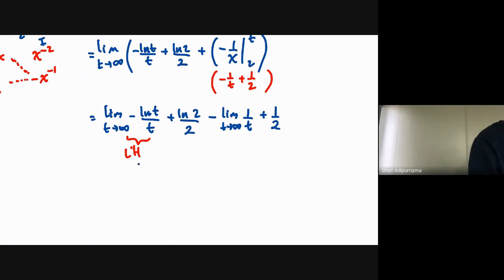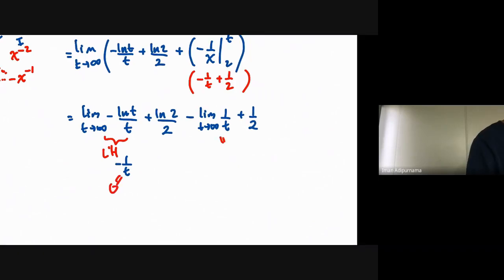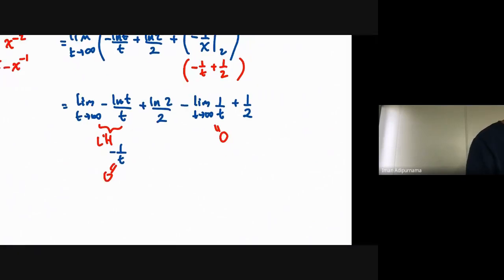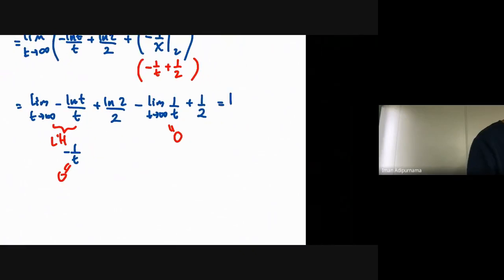You get the result, right? And this becomes 0. This becomes 0. So the solution will be ln 2 plus 1 over 2. So it's converged.